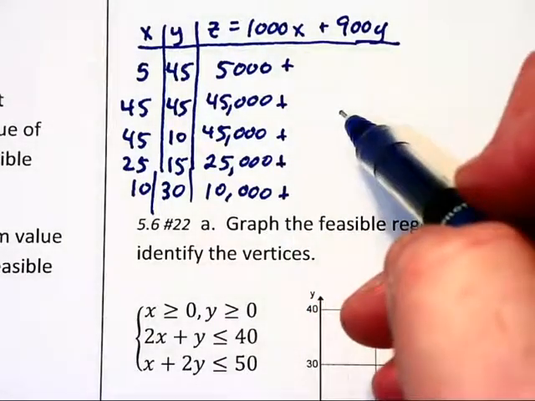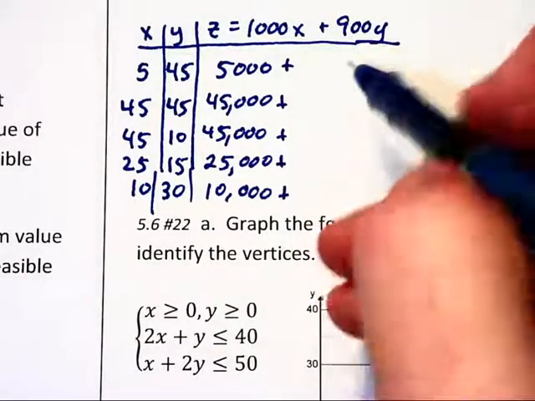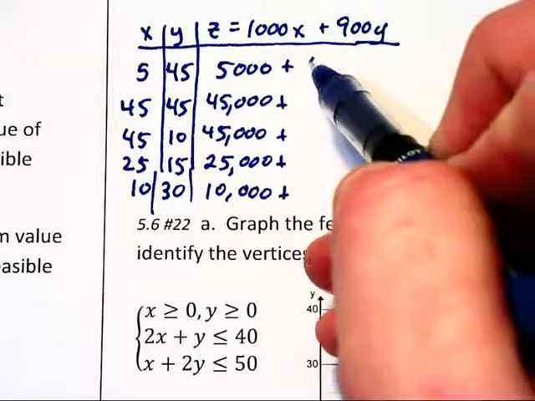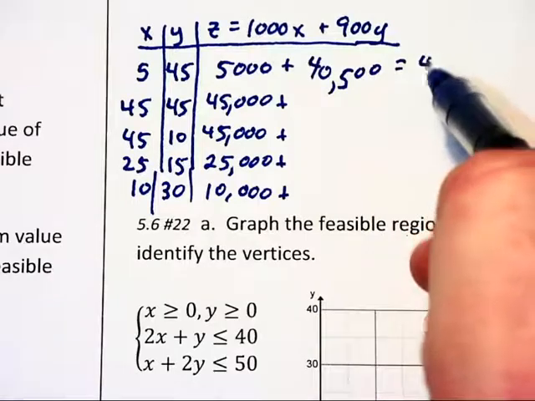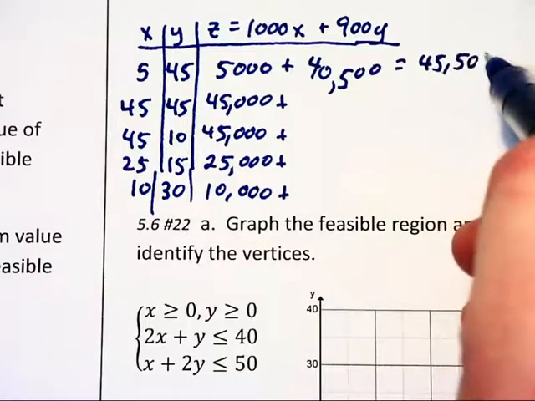Now I need to go 900 times each. First one will give us 40,500, and those will add up to 45,500.